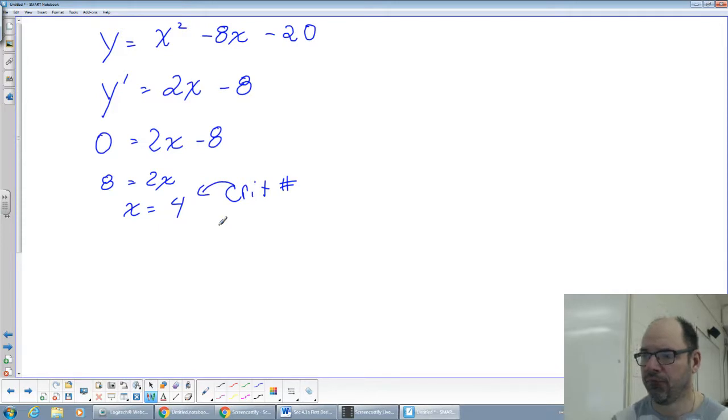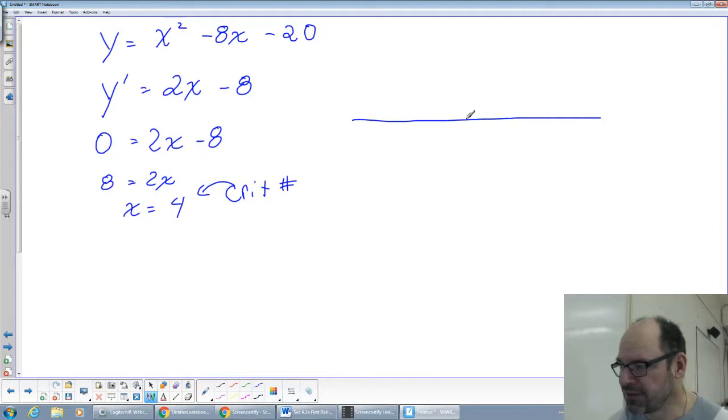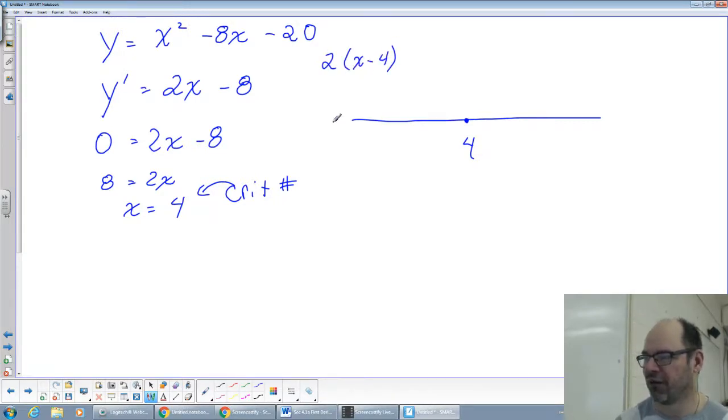If we do our sign analysis, it's only one critical point. Our derivative, in this case, is 2 times x minus 4, if you like, so that's why we get our 0 here. Below that, at 3, 2, 1, 0, it's negative.